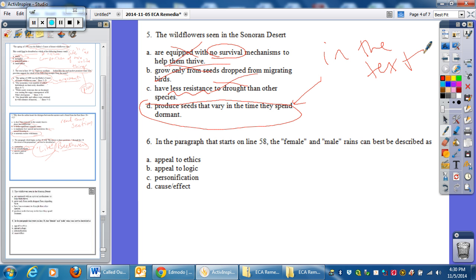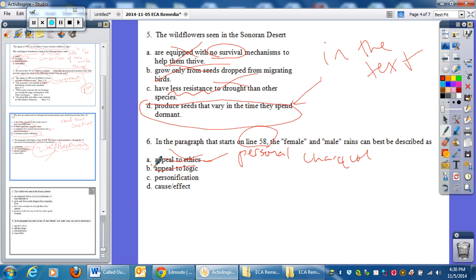In the paragraph that starts on line 58, the female and male rains can best be described as, okay, appeal to ethics means I believe, and so on. It's all about personal character. Is this personal character? No. So we can eliminate that one. Appeal to logic. A to B, B to C, therefore A to C. If you've read that, is that one of those?